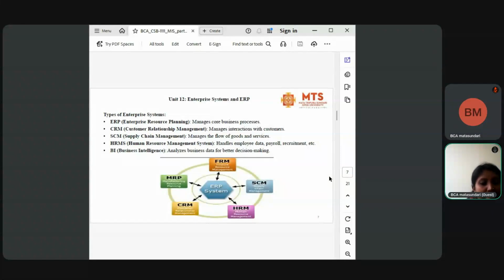Then CRM, customer relationship management, that manages interaction with customers, and SCM, supply chain management, that manages the flow of goods and services, and HRMS, human resource management systems, that handles employee data, payroll, recruitment, etc. And last is business intelligence, that analyzes business data for better decision making. So these are the types of enterprise system. Next slide.